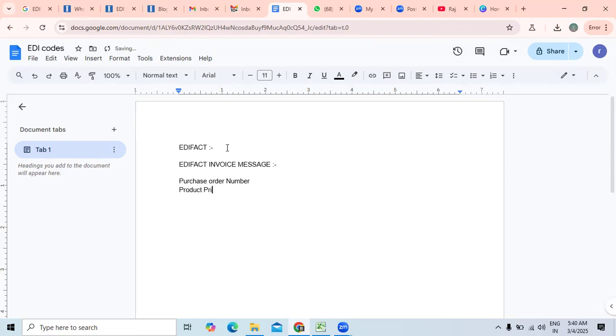The next one is the product price. The next one is the invoice number as well as the date.